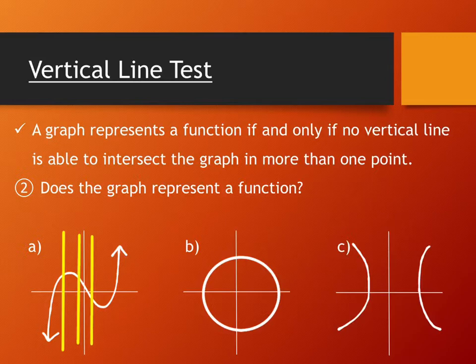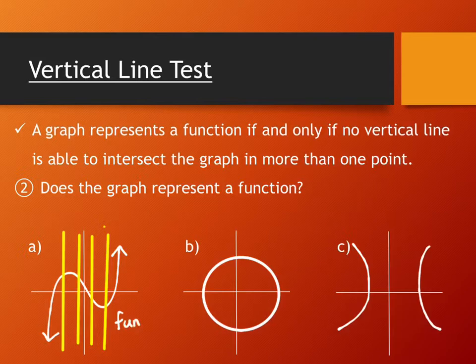And if when I do that, I never cross the graph more than once, then it's a function. So the graph that I just dropped these vertical lines through, and I only dropped a few of them, but you could imagine dropping infinitely many vertical lines here, right? Would it ever cross the graph twice or more? No. Each line crosses the graph one time. So this is a function.